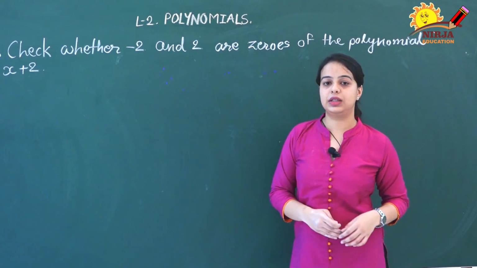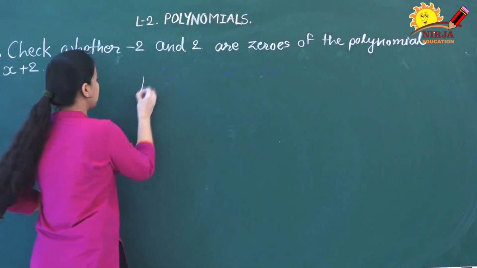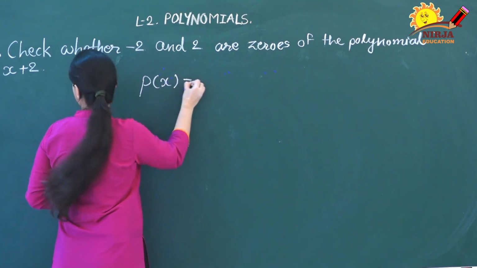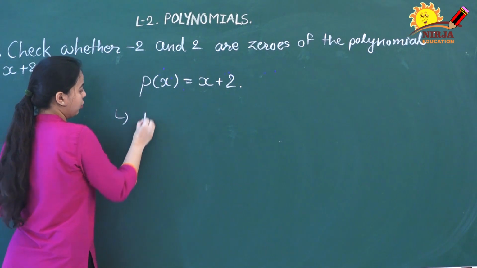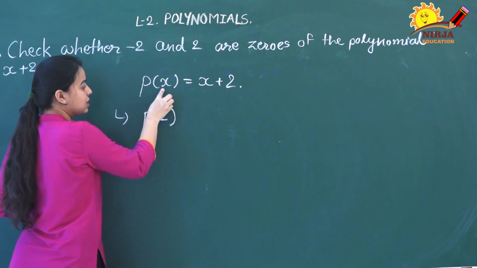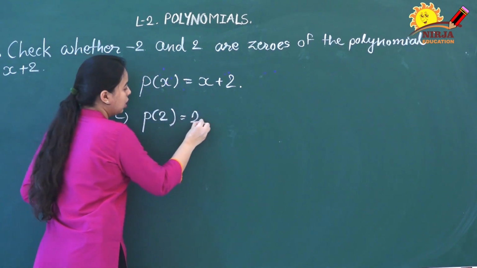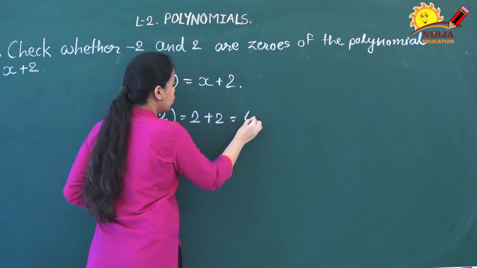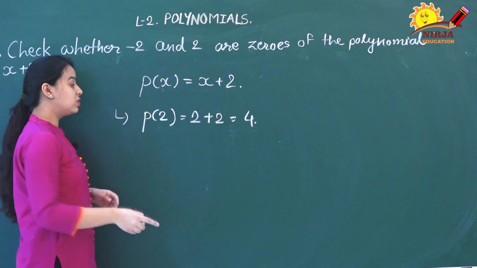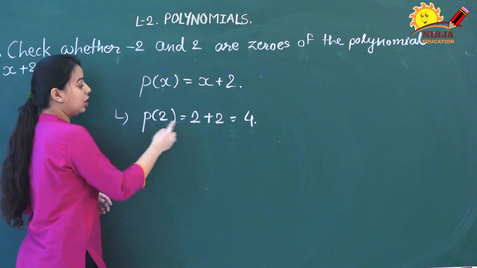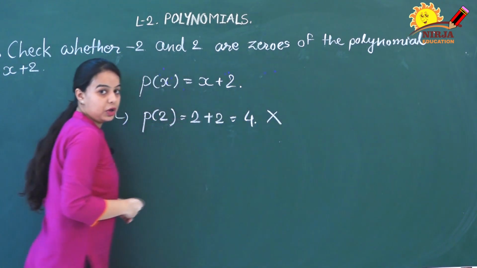Now let's check this. Let's write p of x. Given polynomial is x plus 2. For that, first I am going to find p of 2. That means we are going to replace x with 2. 2 plus 2 is equal to 4. And here we are not getting answer as 0. So 2 we cannot call as zero of polynomial.